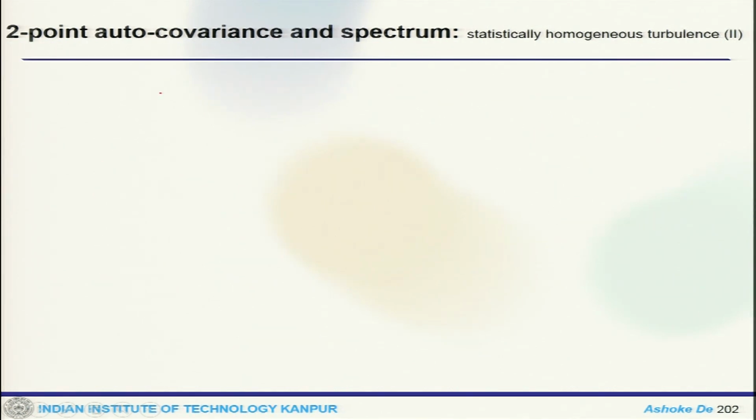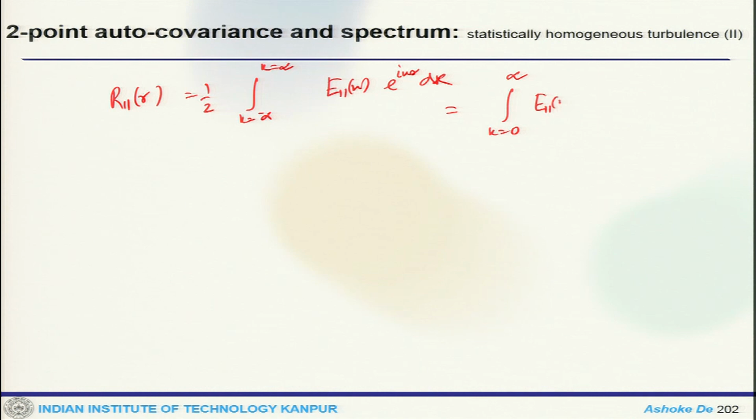Now, with the inverse Fourier transform, what we get is half the integral from −∞ to +∞ of E11(k) e^(ikr) dk, which gets us back the integral from k = 0 to ∞ of E11(k) cos(kr) dk.